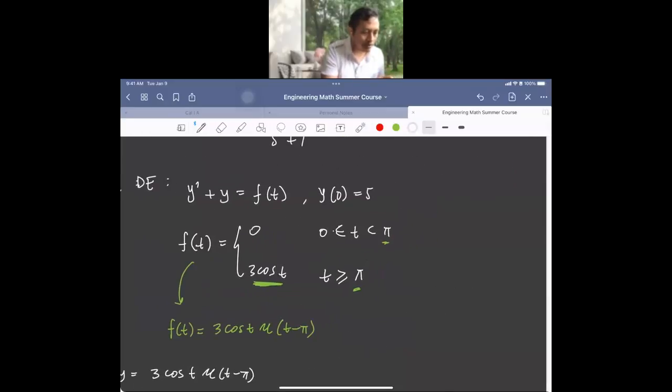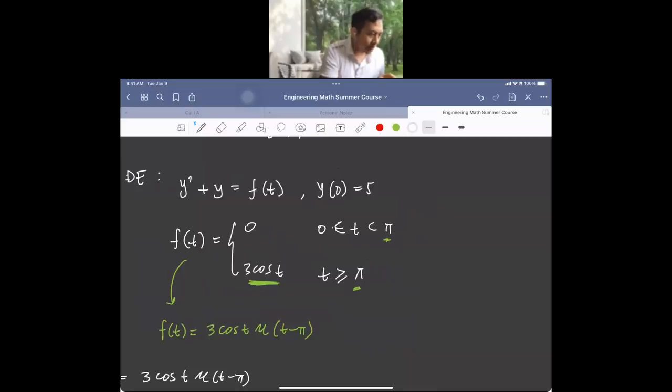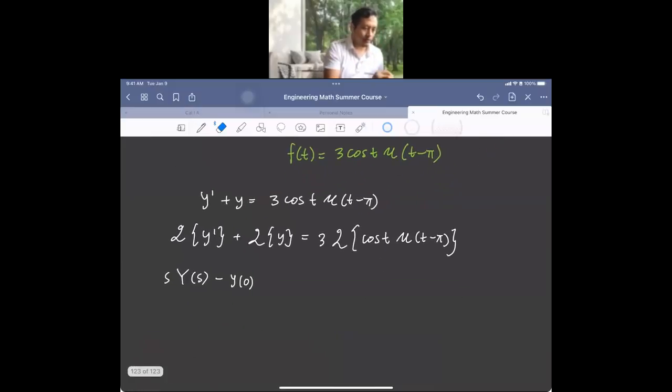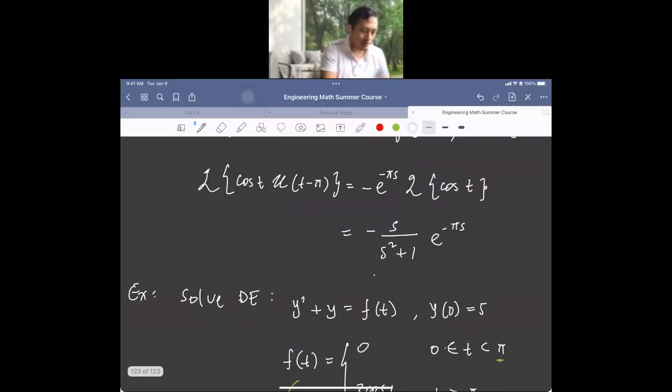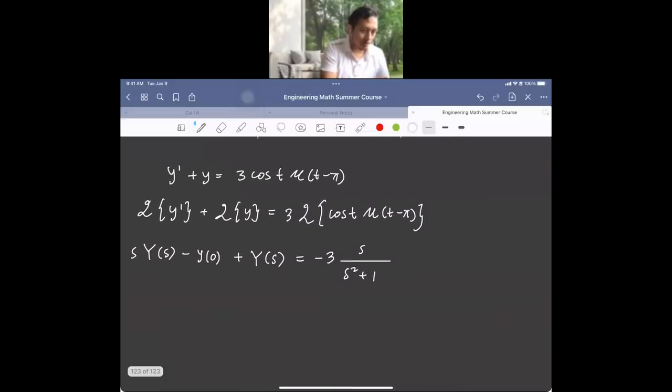I forgot to mention what else should we have? Y(0). Oh, I think we already have all. So plus Y(s) equals, cos t is s over s squared plus 1, right? So let me write negative 3s over s squared plus 1. This is from the previous one here. So we just rewrite it one more time. And then e to the negative pi s.